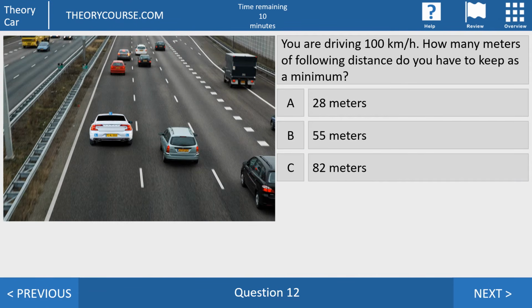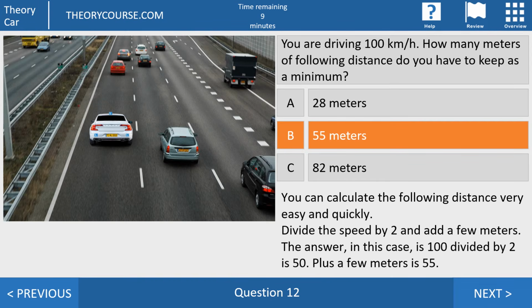Question 12. You are driving 100 kilometers per hour. How many meters of following distance do you have to keep as a minimum? Answer A. 28 meters. Answer B. 55 meters. Or is it answer C. 82 meters? Answer B is the right answer.